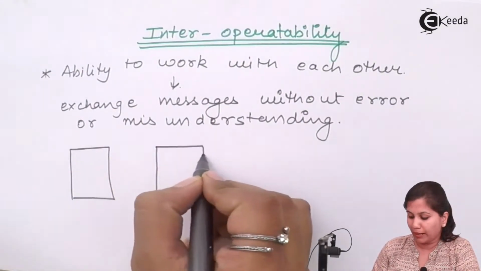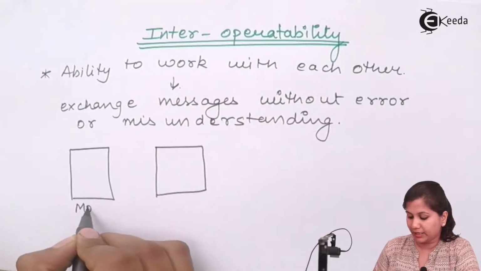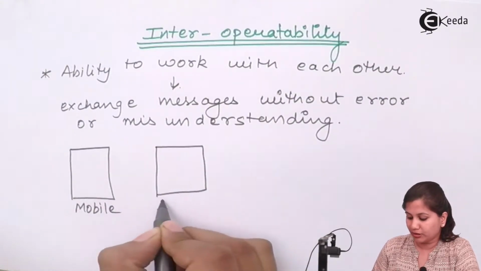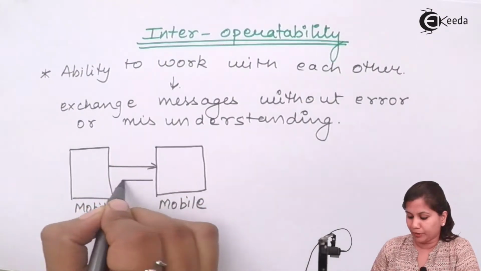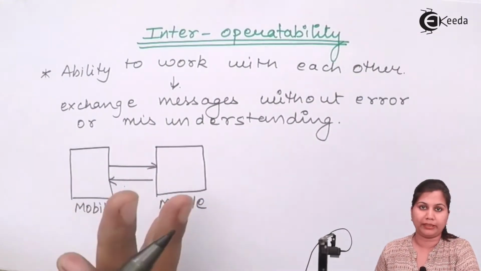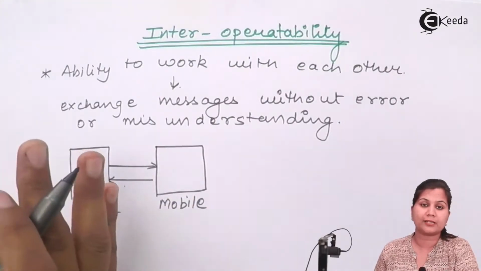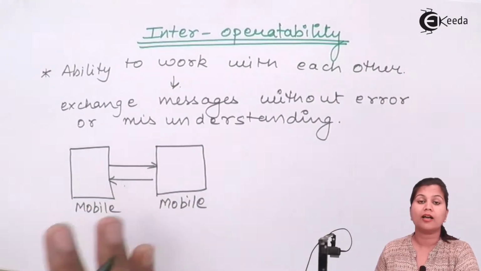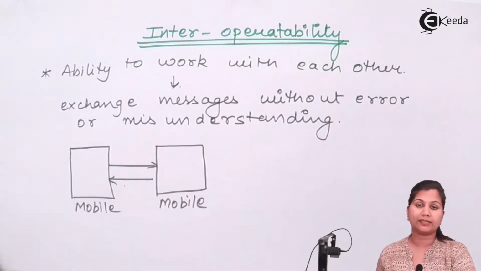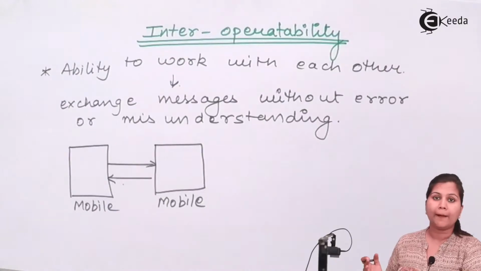If there are two mobiles of different companies, then these mobiles can share their data between each other without any error. So that is called interoperability, that the embedded systems are sharing their resources, their data with each other without any error, misunderstanding or problem.